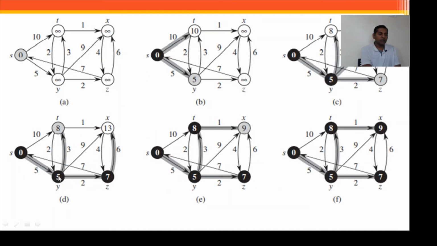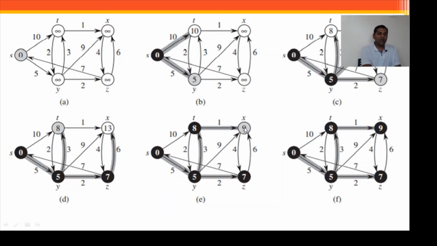So 8 plus 2 is 10, and 10 is not better than 5, so we'll just neglect it. But 8 plus 1 is 9, which is better than 13, so we will replace 13 with 9 and declare that this vertex has been visited. Then 9 is the last remaining vertex.